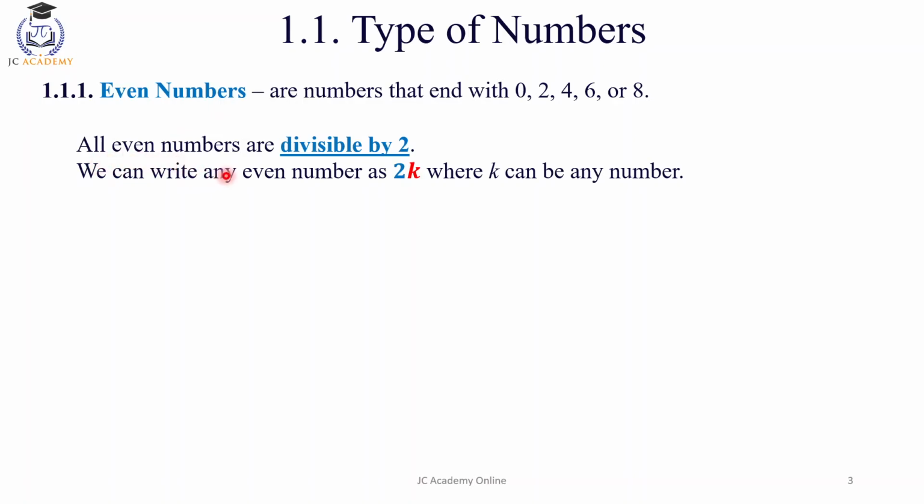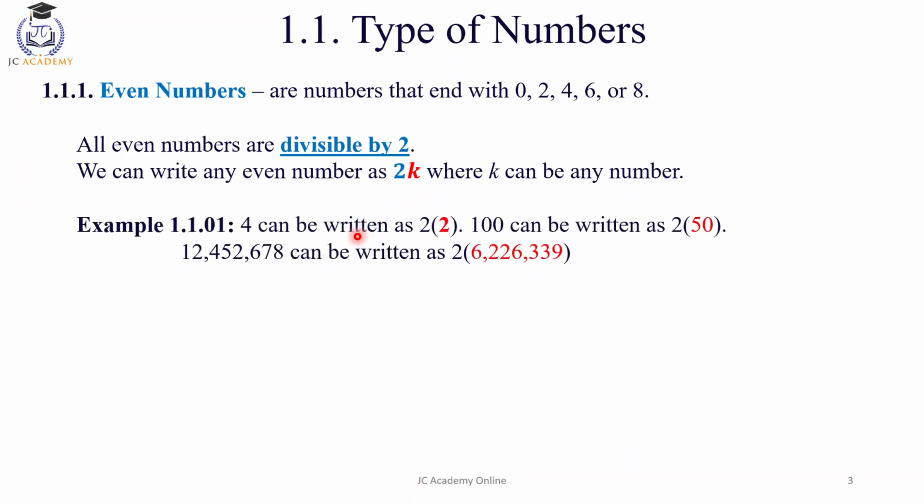All even numbers are divisible by 2. So we can write any even number as 2 times k, where k can be any number. No matter what number k is, as long as there's a 2 in front of it, that number will always be even.